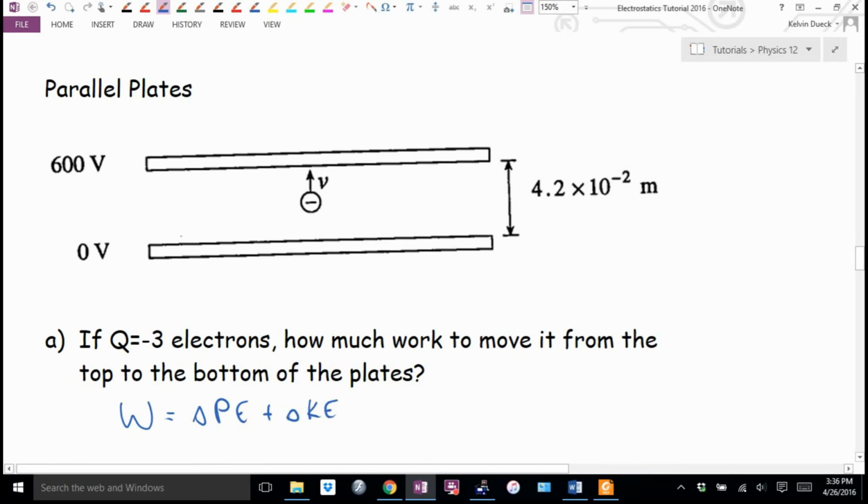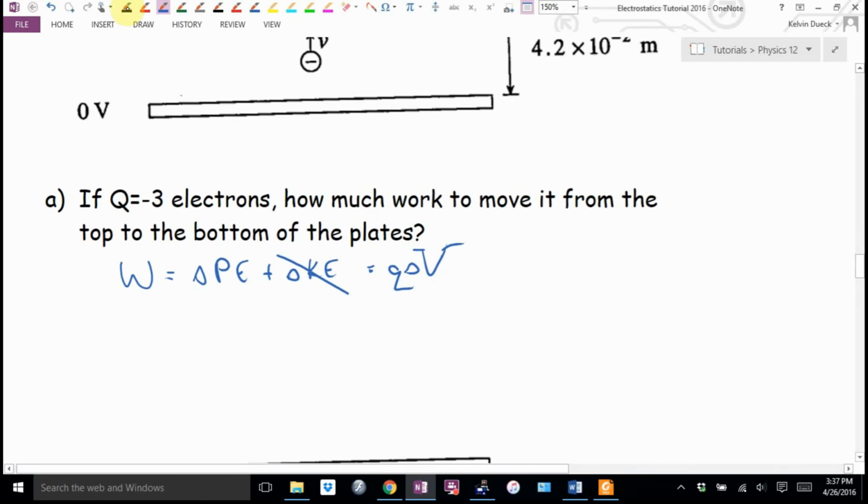force times distance might work, no pun intended, but I would start here because between plates there is such a lovely equation for potential energy, or in this case, change in potential energy. What's the lovely equation for change in potential energy between plates? Yep. Q times the change in voltage.